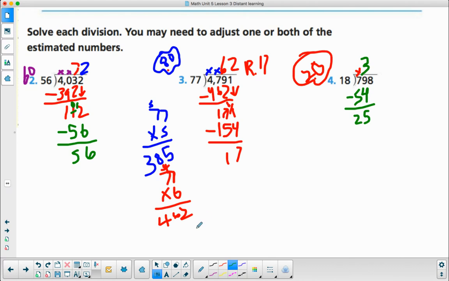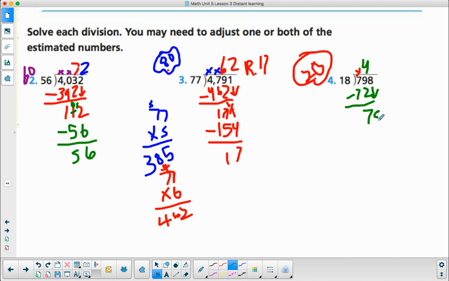I can get another 18 out of there. So instead of 3, I'm going to try and say I can get at least one more. I'm going to say I can get 4. 4 18s is 72. Subtract and I get 7. Bring down the 8.